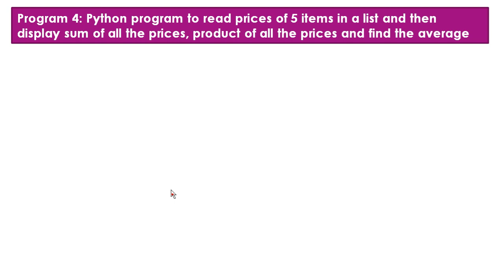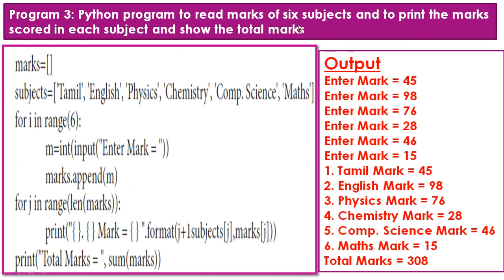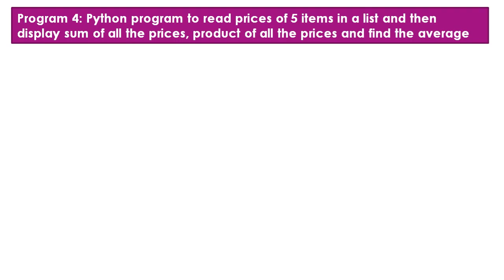Program number 4, Python program to read prices of 5 items. It is a program similar to the previous one. In the previous program we got the 6 subject marks.